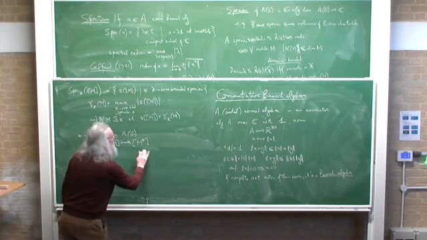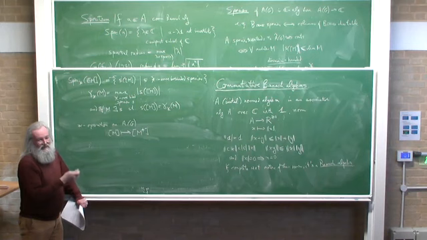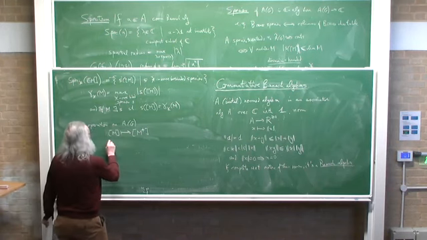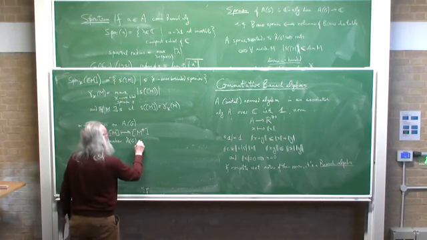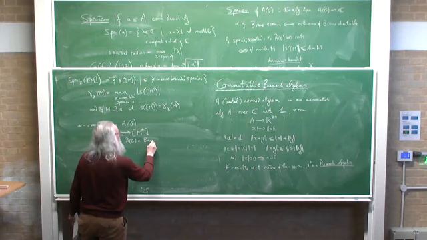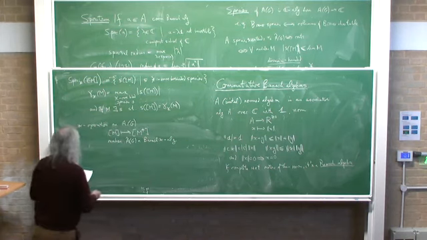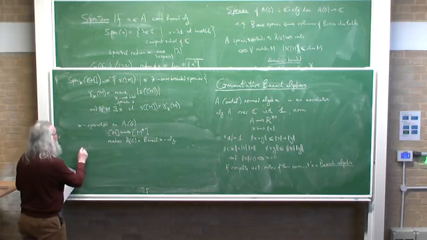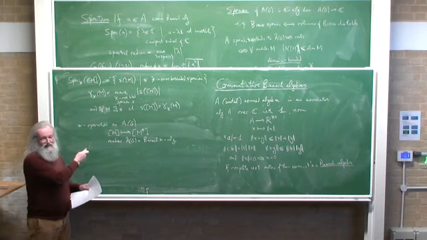I'm not going to give you the axioms for a Banach star algebra, but you can sort of guess what they are. So this makes A hat of G a Banach star algebra. Then there's a definition of a symmetric Banach star algebra, which I don't know whether or not this satisfies.